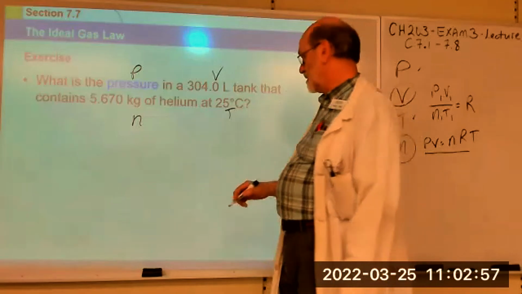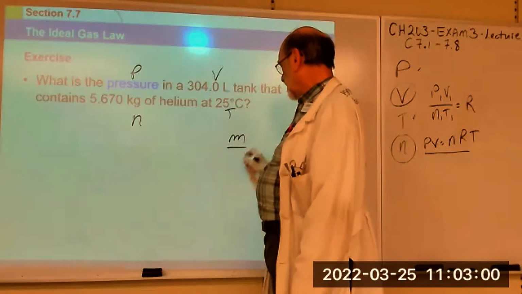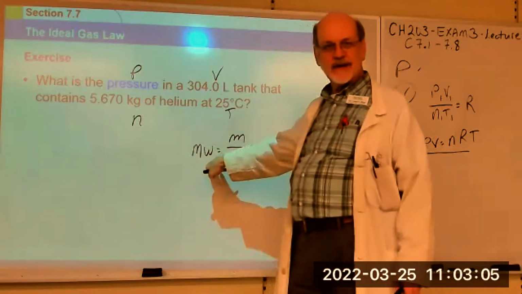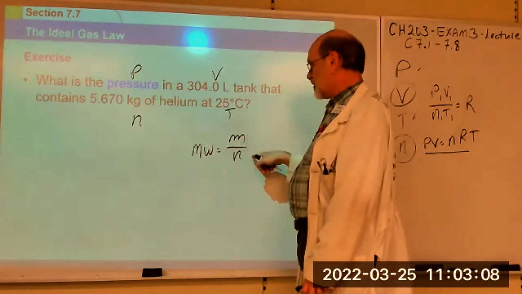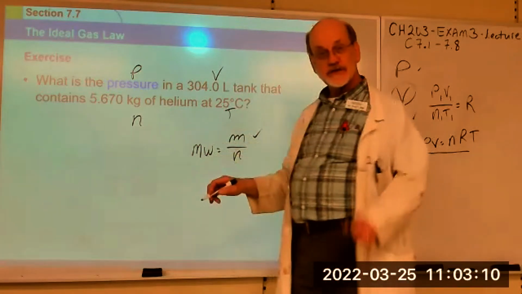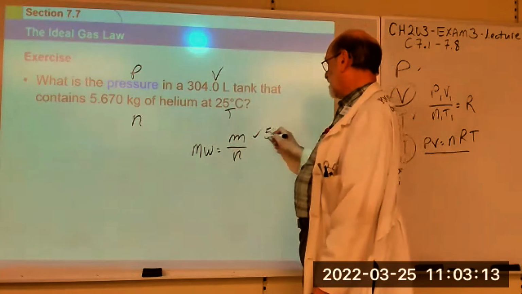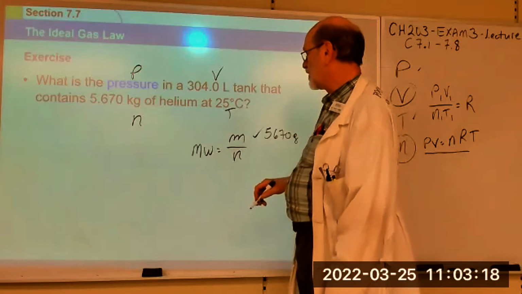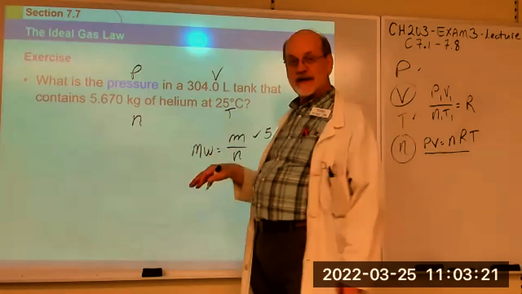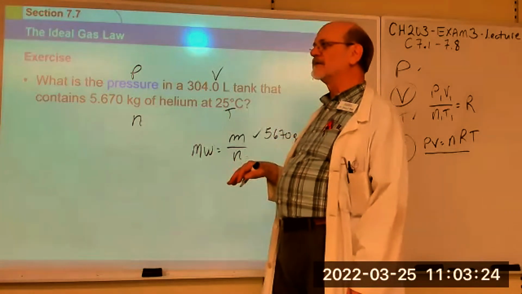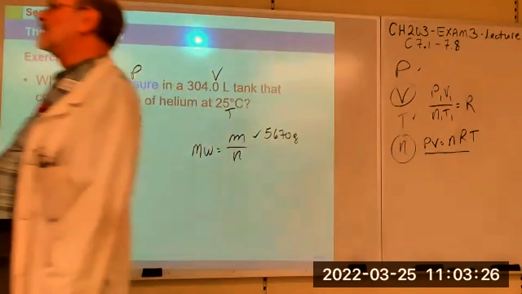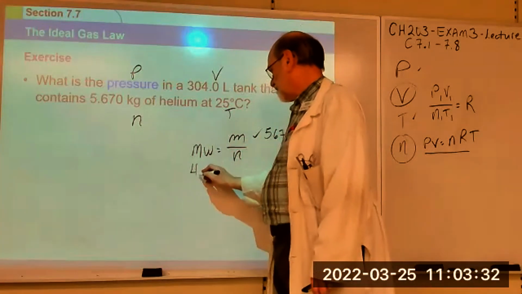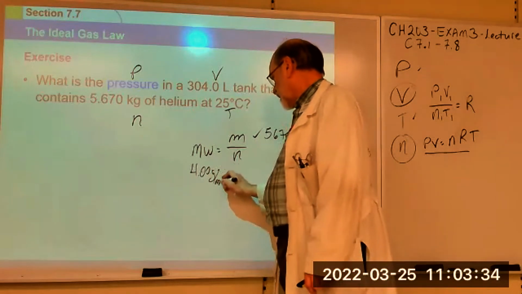Molar mass, right? Molar mass is mass per unit moles. I abbreviated molecular weight. We have the mass, right? We just need to convert it to grams. So it's 5,670 grams. And what's the molar mass of helium? Well, it's around 4.00 grams per mole.